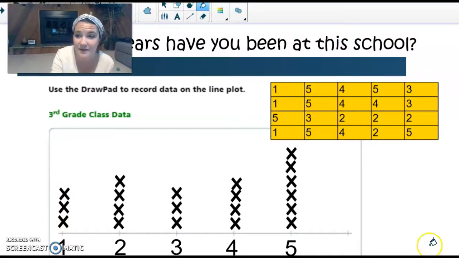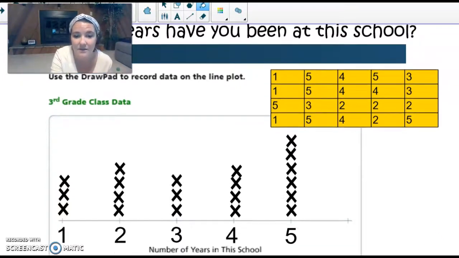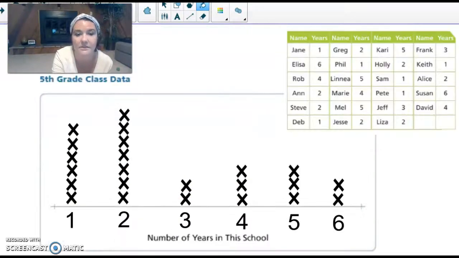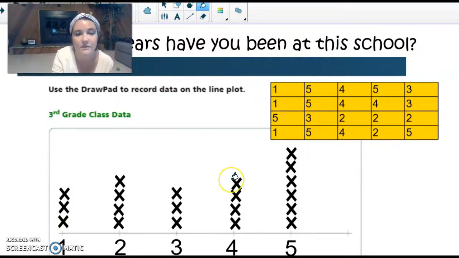Something that's similar that I noticed is that 3 is one of the least amount of years that students have been there. Since I'm asking about students, I look at the X's because one X represents one student. So 2 in Miss G's class, 3 in my class, and it's lowest number of students.